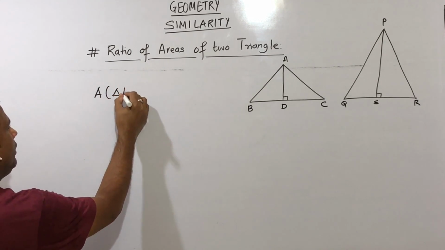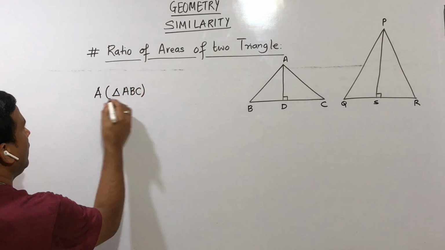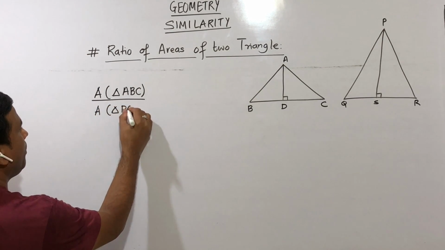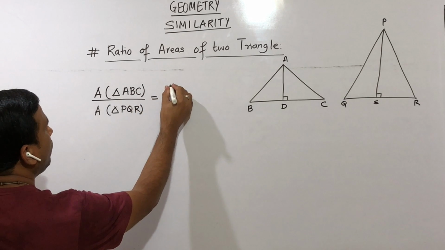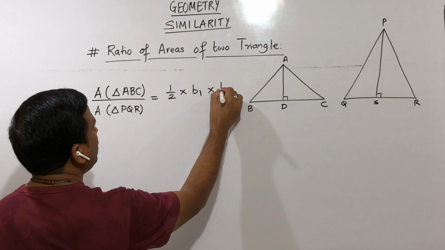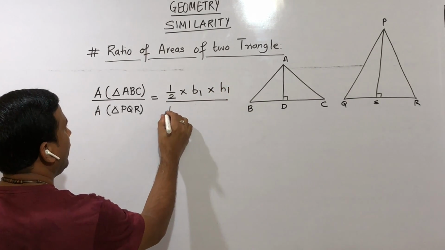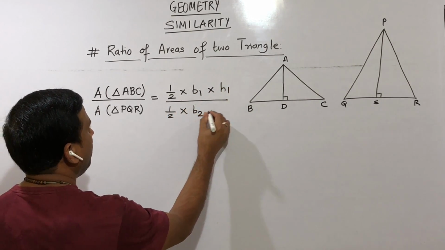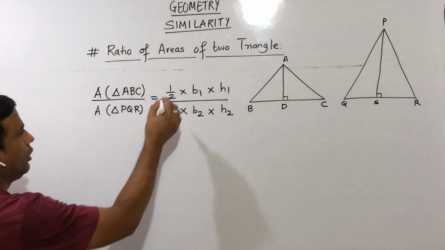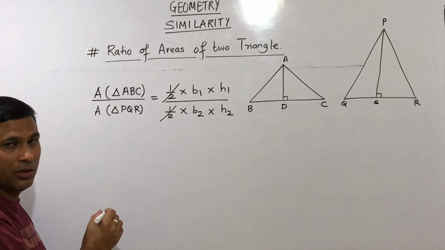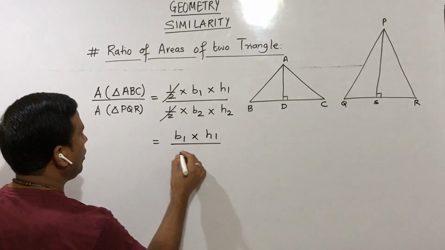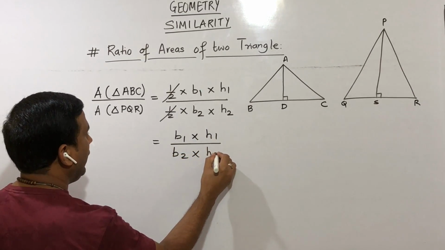Area of triangle ABC upon area of another triangle, that is triangle PQR, will be equal to half into base into height upon half into base into height of the other triangle. Therefore, if you observe, half and half get cancelled, so you are left with B1 into H1 upon B2 into H2.